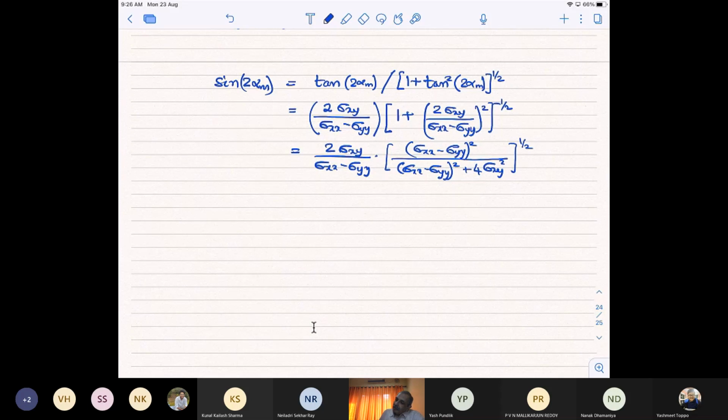But the only thing we have to be careful about is whether sigma xx is larger than sigma yy or not. Let's assume that sigma xx is larger than sigma yy. Then the term inside is positive, so when you cancel this out, it will be 1. Otherwise, it may be minus 1. So you can easily do this.